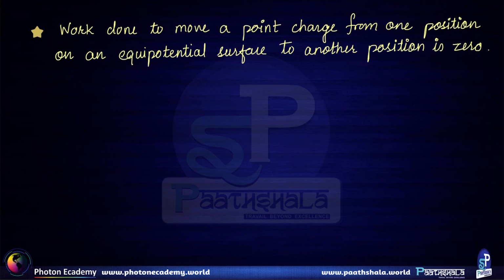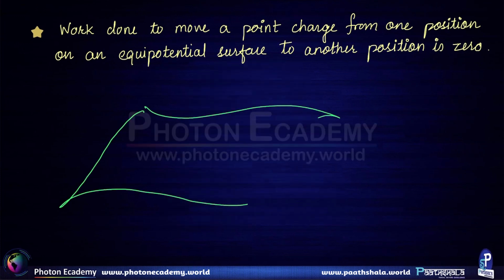Work done to move a point charge from one position on an equipotential surface to another position is 0. So let us again visualize this particular aspect. Let us say this is an equipotential surface, and let us say here we have a point charge.